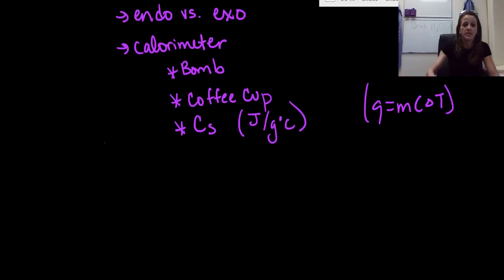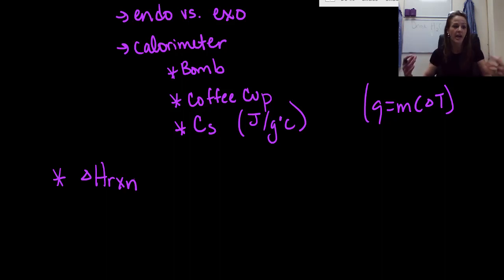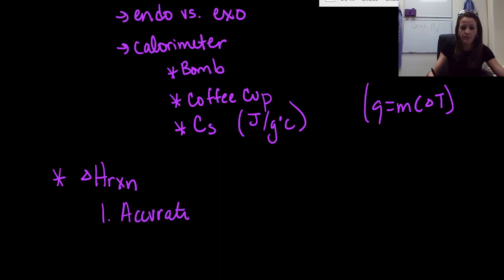All right, so then what we did, really globally, we talked about delta H of the reaction, so our change of enthalpy for our entire reaction. This was a really big section that we had. The first thing that we did is we tried to determine this in an accurate way, so we wanted to determine the true value.